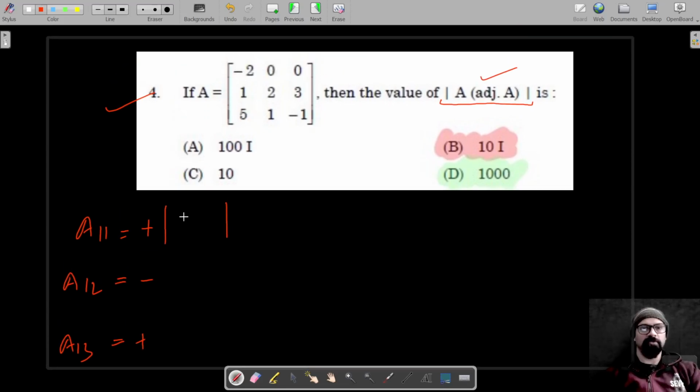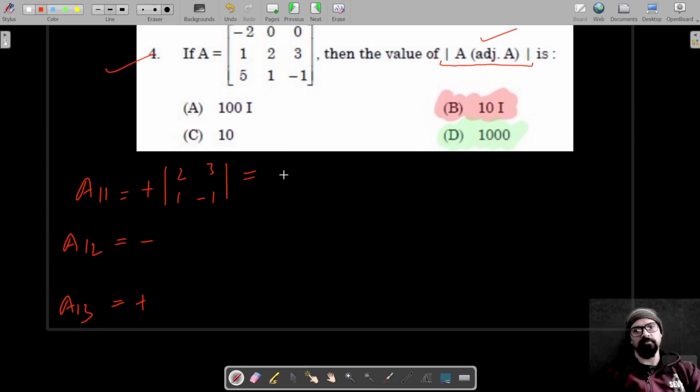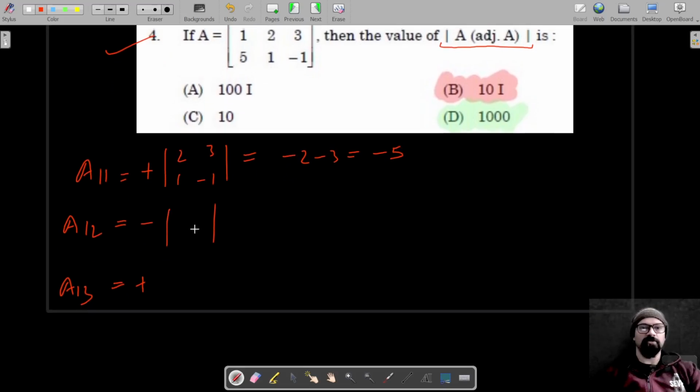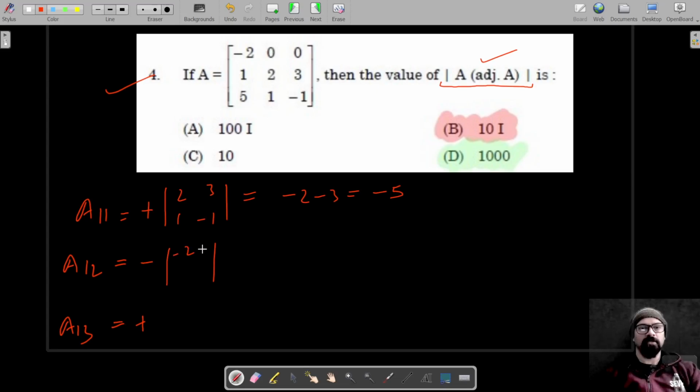So this gives me 2 times 3 minus 1 times negative 1, which is equal to negative 2 minus 3, which is equal to negative 5. And this is A11. Now A12: removing the row and the column for that, it's negative of 2 into 0 and 5 into negative 1.